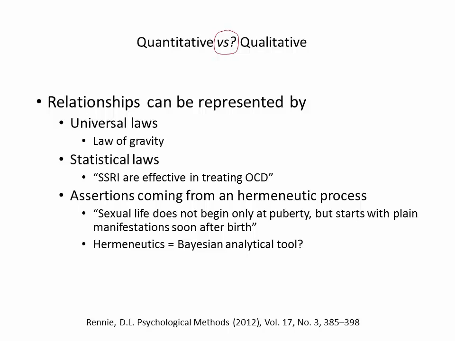I see patients, I see reality, I see societies, I see kids, and I say from what I see that there is an association between emergence of sexual life in human being and age. And I see that this emergence comes very early in life. This is not statistics, this is not mathematics, this is hermeneutics.